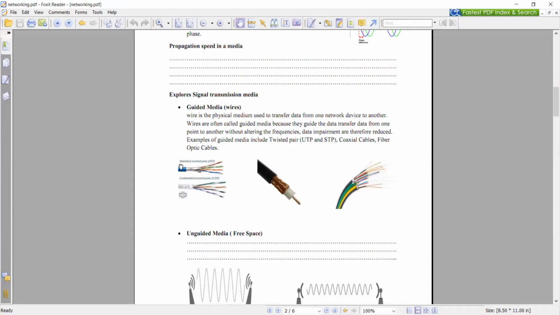Wires are often called guided media because they guide the data transfer from one point to another without altering the frequencies. Data impairment is therefore reduced. That means the signals are going through the cables, right? So environmental problems do not affect the system much, right? Examples of guided media: twisted pair, UTP and STP, coaxial cable, fiber optic cable, right?